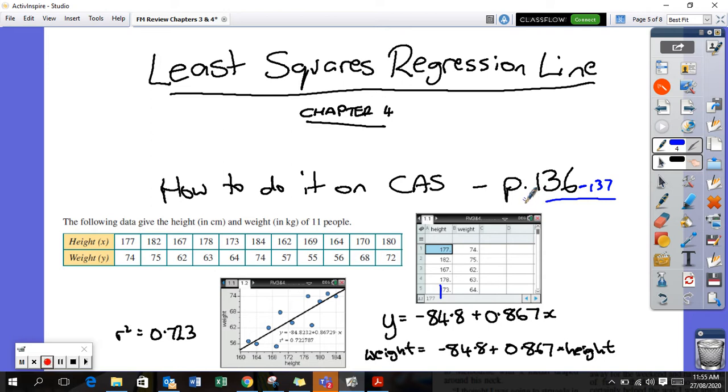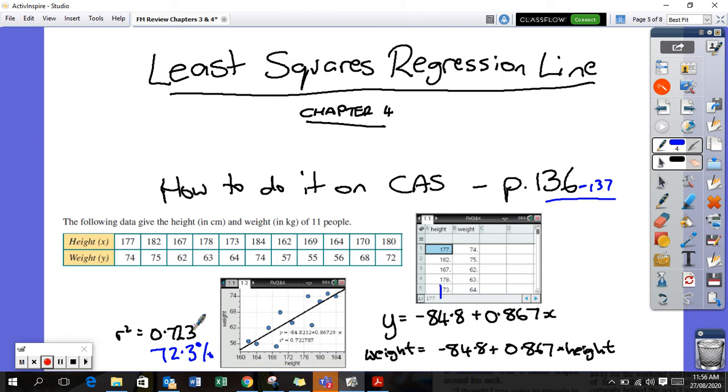Okay, welcome back. So you hopefully got what we've got down there. You've got a scatter plot that is positive. We've got a least squares regression line fitted to it. Our R squared value is 0.723 or 72.3%.